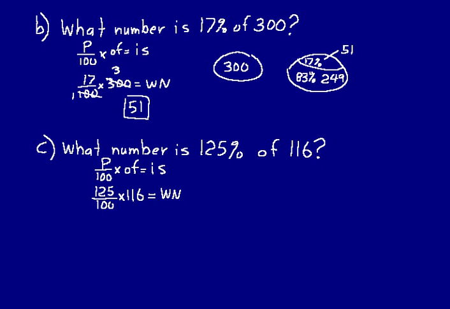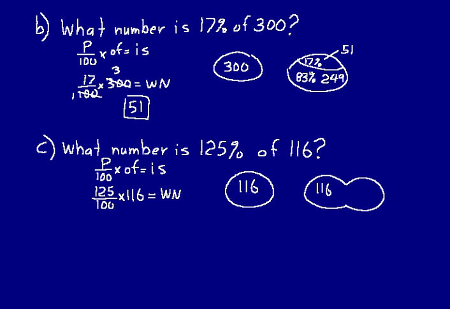Now, that of part, that's always your total. So we know the total is 116, but on this one, our percent is greater than 100. So 125% of 116 is going to be 116, and then plus another amount.